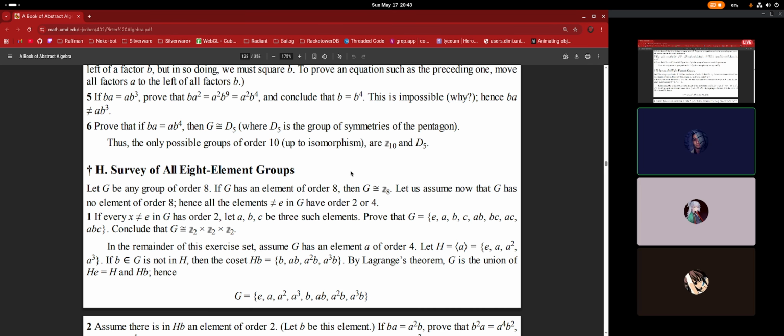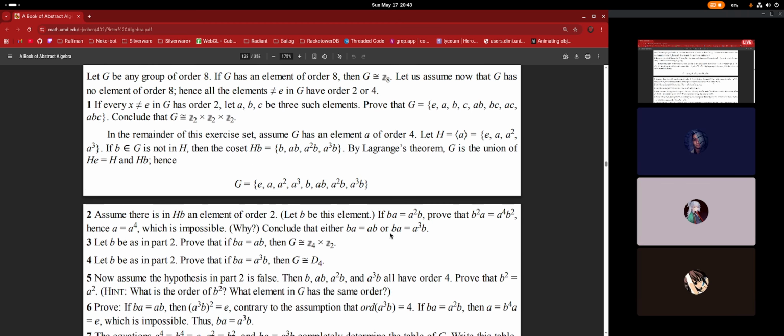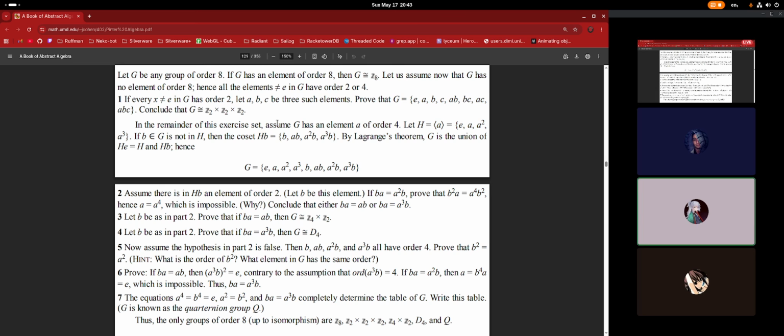Okay, so any comments on H, people? I like the fact that quaternions show up here again, actually. Which exercise?